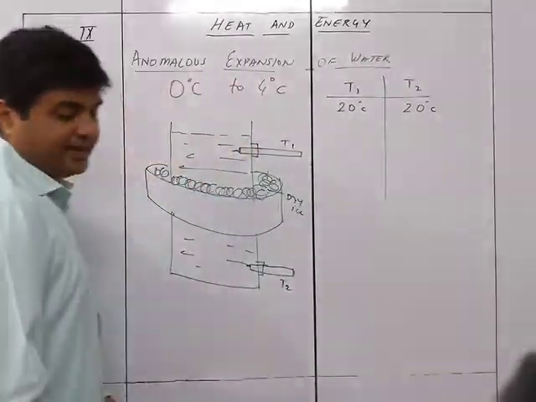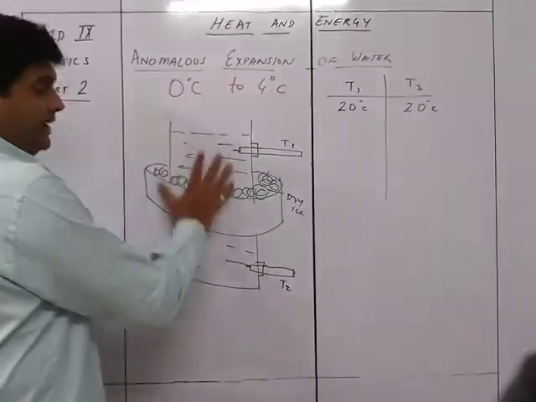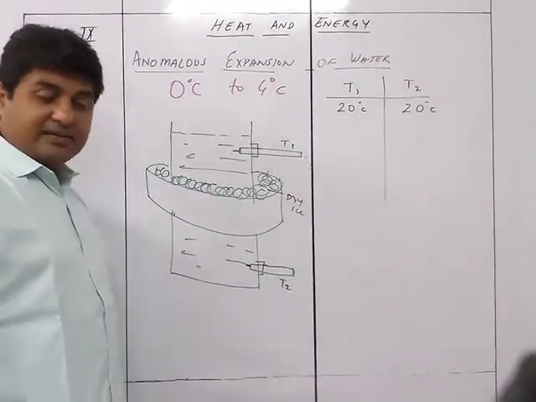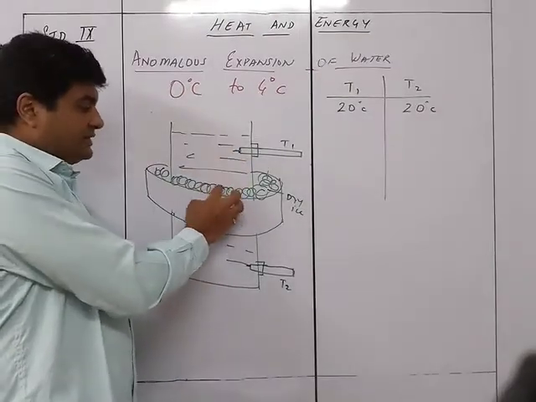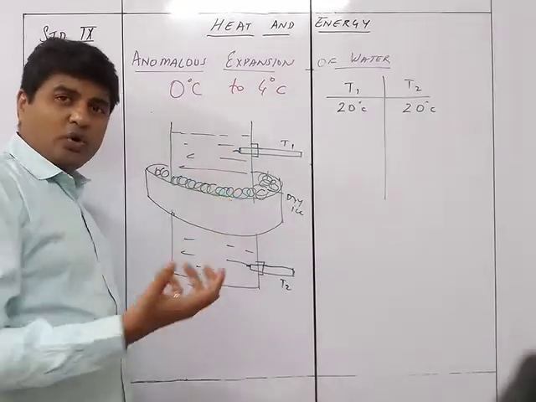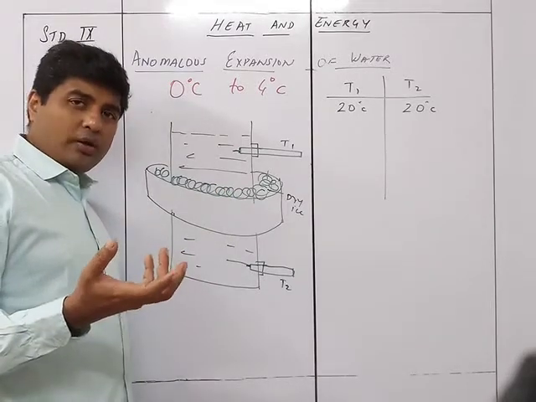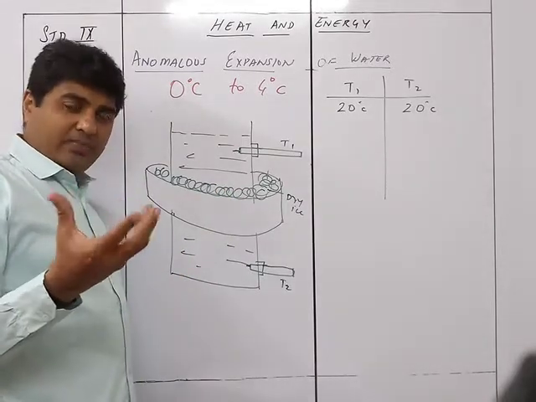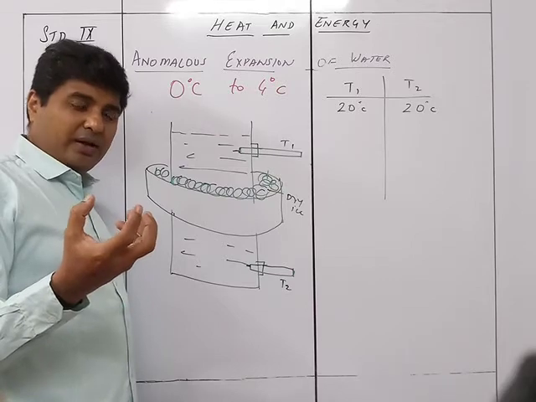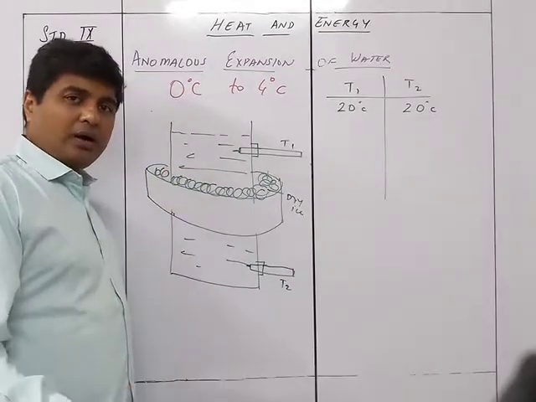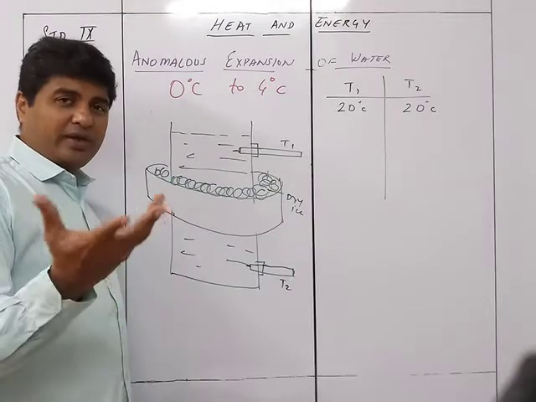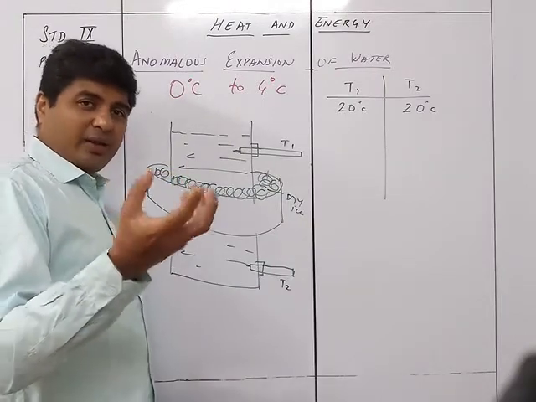It is seen that initially everything is at 20 degrees Celsius, and as the cooling takes place, what will happen? You know very well that when something gets cooled, it contracts, and because of the contraction the density increases, so it sinks.